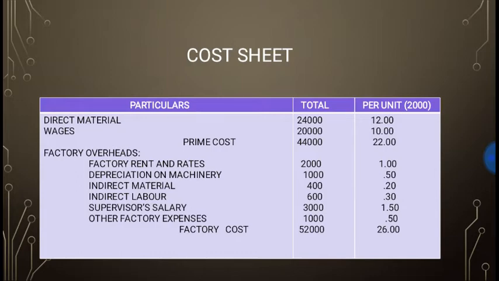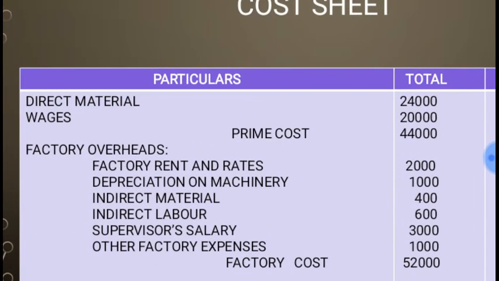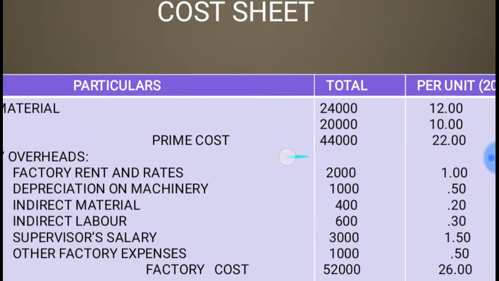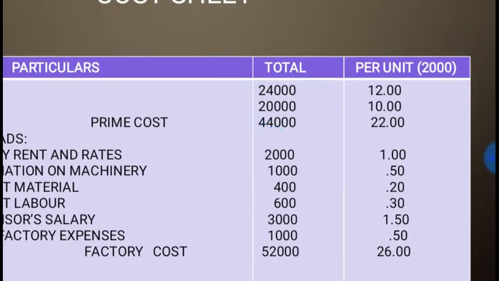In your question there is direct material of rupees 24,000 and per unit it is 24,000 divided by 2000. इस क्वेश्चन में जितना भी आपका टोटल अमाउंट्स है, पर यूनिट निकल जाएगा जब आप उसको 2000 से डिवाइड करेंगे.